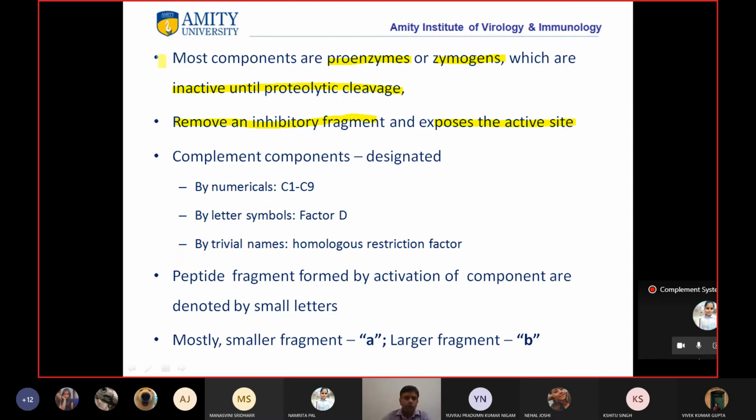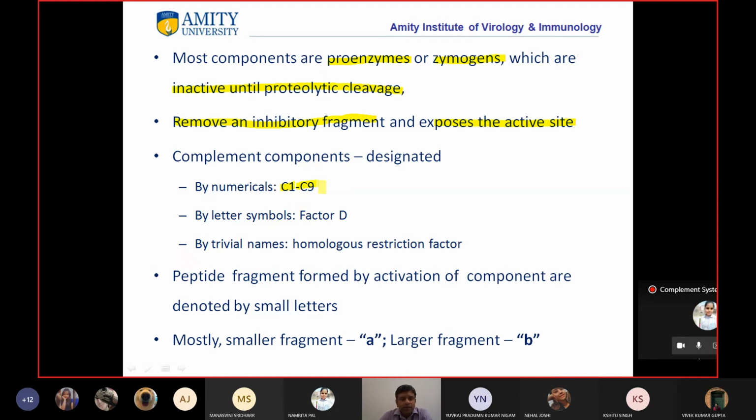So these complement proteins, as I said, there are a lot of different complement proteins, and they have many ways of naming. Like complement protein 1, complement protein 2, we just say them as C1, C2, C3, C4. In some other cases they are called some factor, maybe factor B, factor D, right?